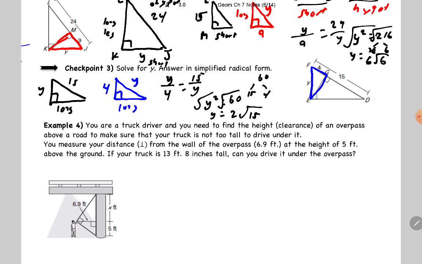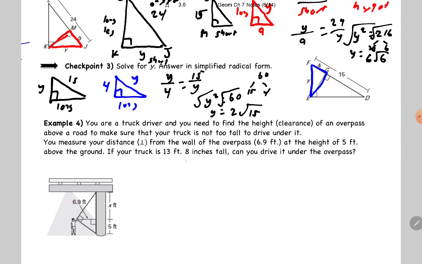Okay. 13 feet 8 inches tall. So let's go ahead and convert this. Okay, let's do this. So we're trying to find out 5 plus x. Okay, so I'm going to draw my 3 triangles again.